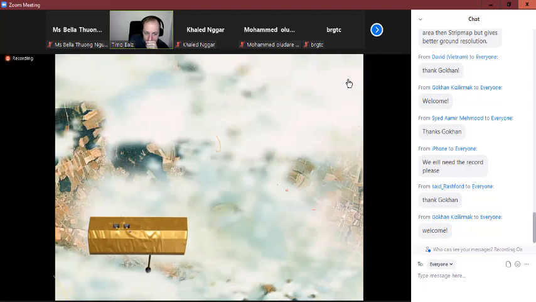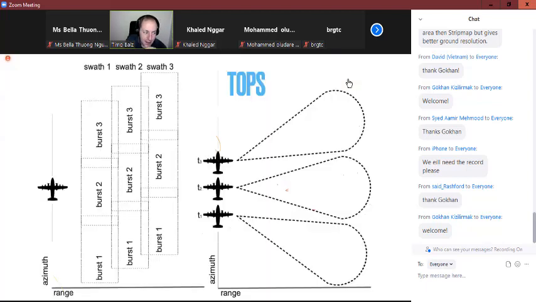Okay, so to improve that, we have the TOPS mode, which is a bit more complicated. TOPS, just to remember that, is the opposite of spotlight, the opposite of spot. So if you read TOPS backwards, it's actually spot.